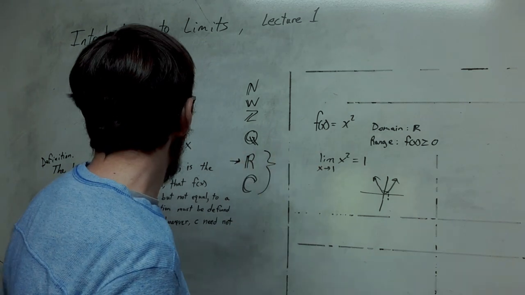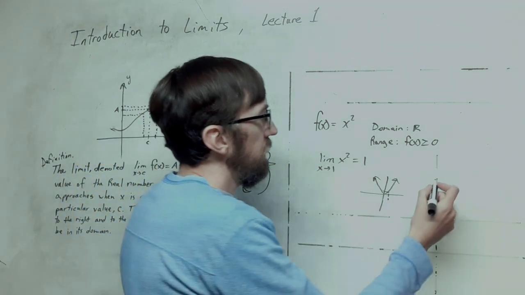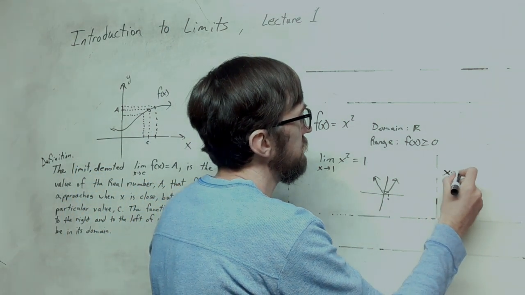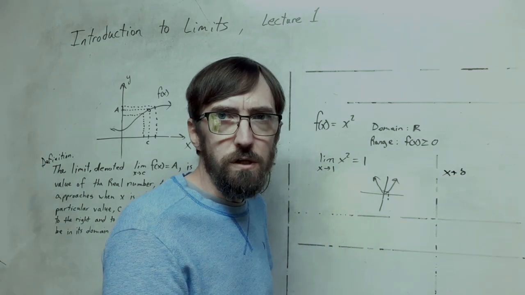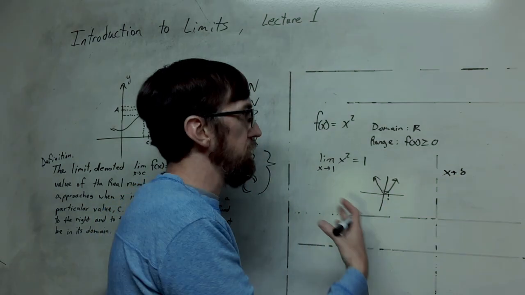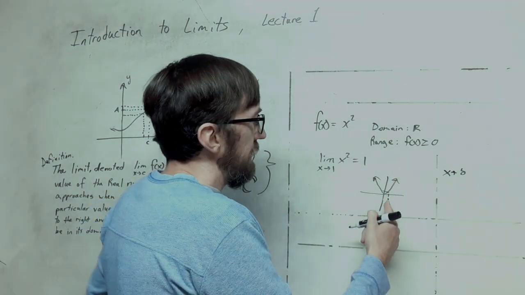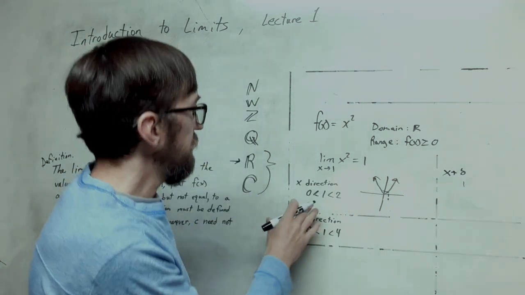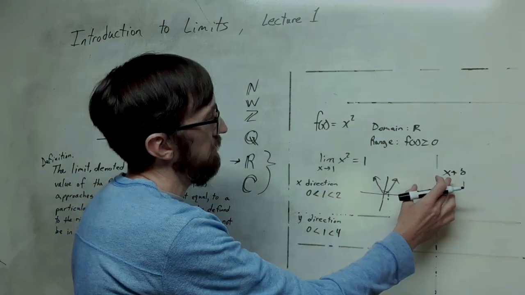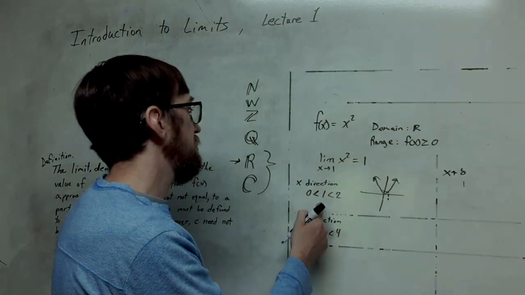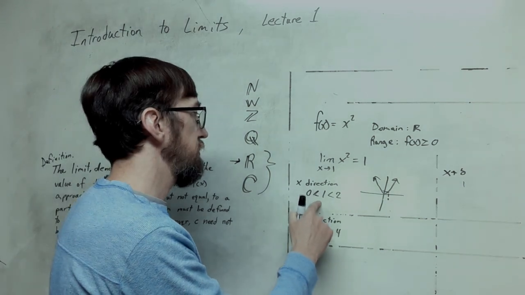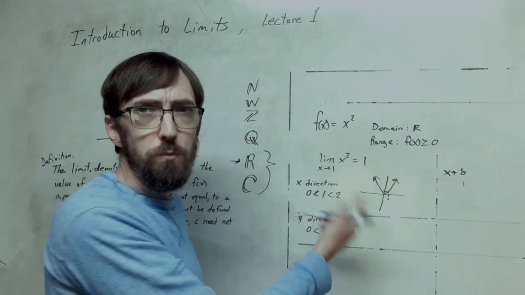If you remember back in my discussion earlier, I said x plus some delta. In this case, the delta, the jump that I'm making right now, is 1 also. My c value is 1. When I look at my x direction, letting delta be 1, I'm stepping back 1 unit, which is 0, and stepping forward 1 unit, which is 2.